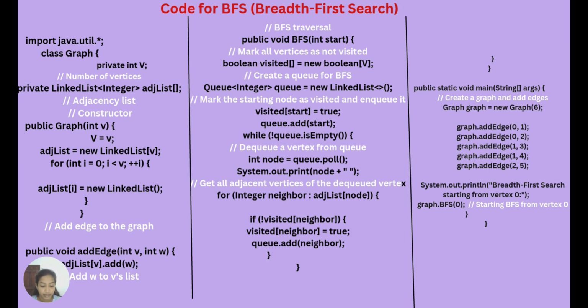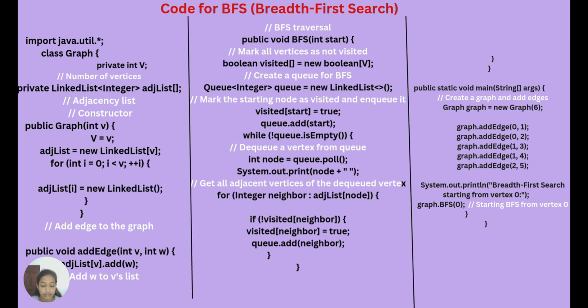Method addEdge(integer v, integer w) adds an edge between vertex v and vertex w. The edge is directed, meaning w is added to v's adjacency list. Public void addEdge(int v, int w).